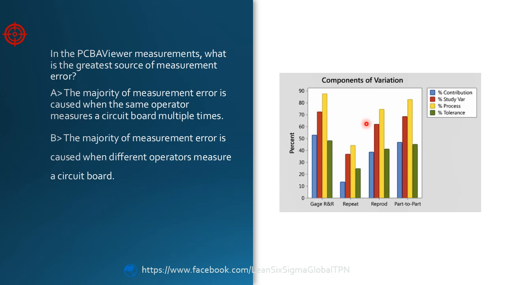This is undesirable because it suggests that the PCBA viewer measurement tool is responsible for a large amount of the variability in the measurements and is probably not adequate for the needs of PCBA Pro. So let's dig deeper. What is the greatest source of measurement error?